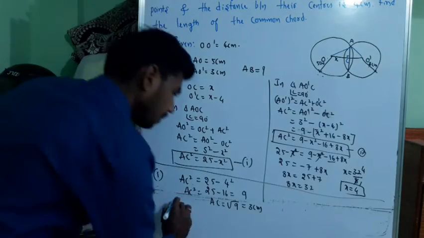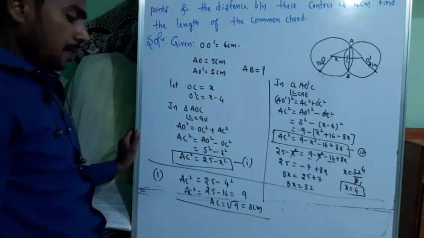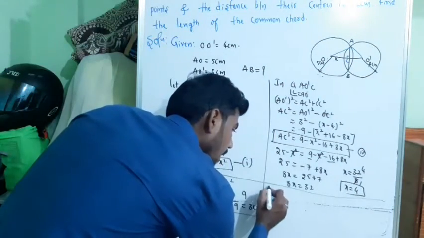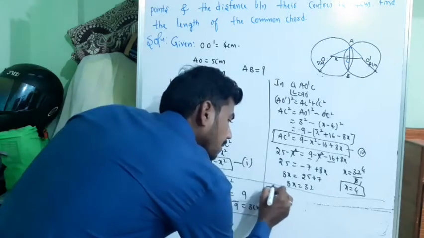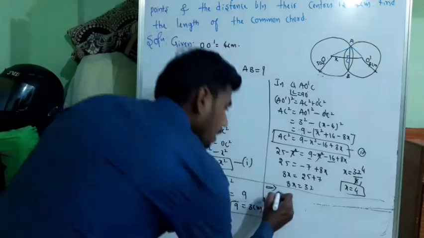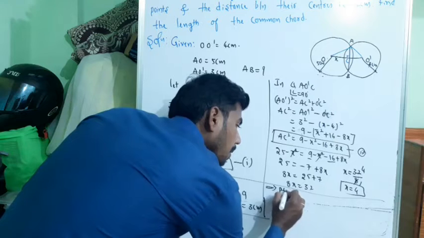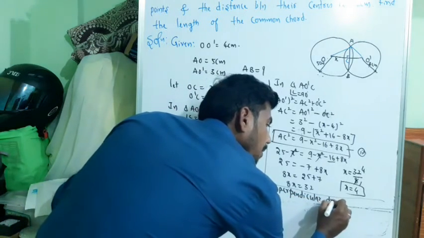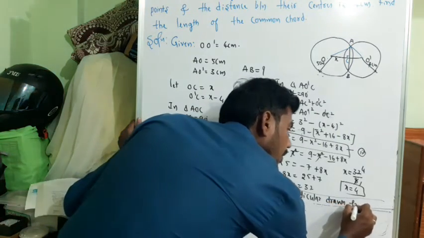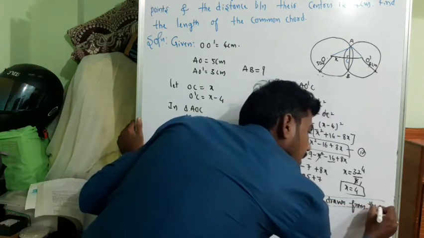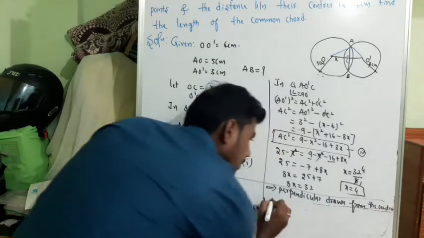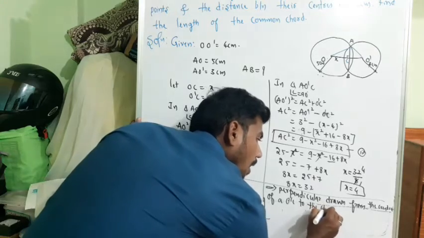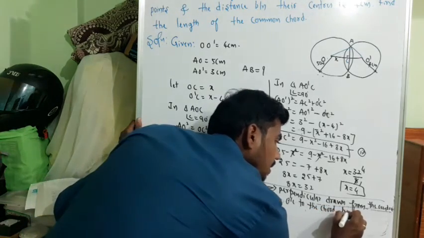But what we need is AB. One thing we have, we'll write here: a perpendicular drawn from the center of a circle to the chord bisects the chord.